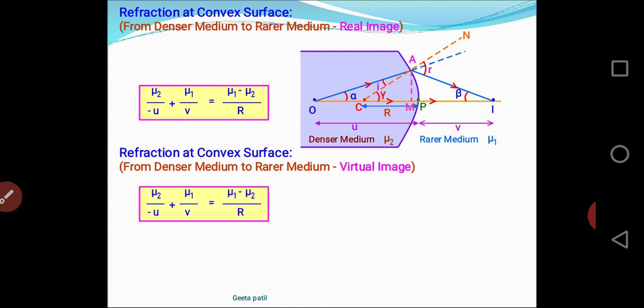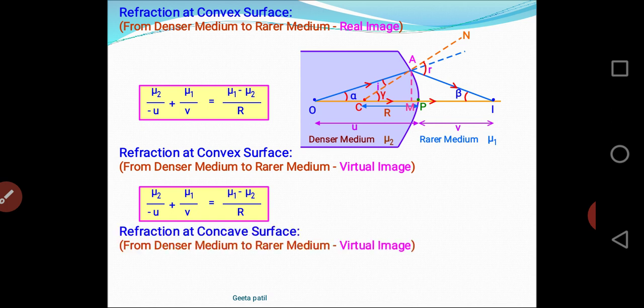For this case, the equation should be mu2 by minus u plus mu1 by v is equal to mu1 minus mu2 by R. And for refraction at a concave surface when the light is passing from denser medium to rarer medium, when the virtual image is formed in the rarer medium, the equation is written as mu2 by minus u plus mu1 by v is equal to mu1 minus mu2 by R.